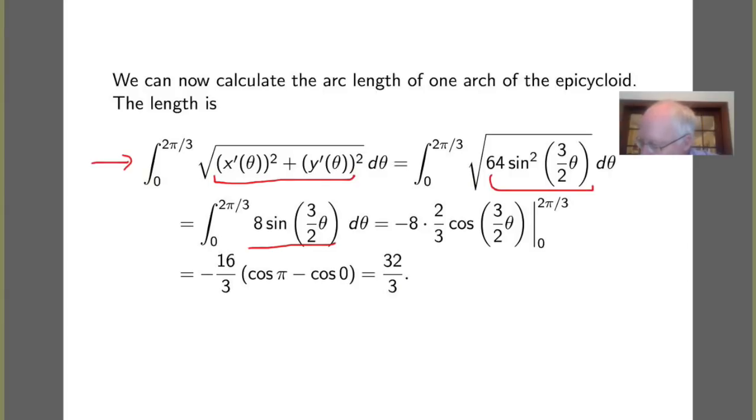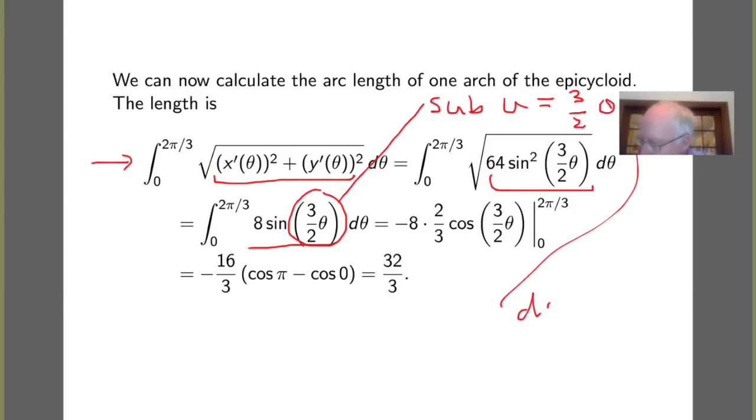You might want to be very careful by making the substitution u equals 3 halves theta, so that the d theta is replaced by 2/3 du. And that's where the 2/3 comes from here, and the integral of sine is minus cosine, which accounts for the minus sign.